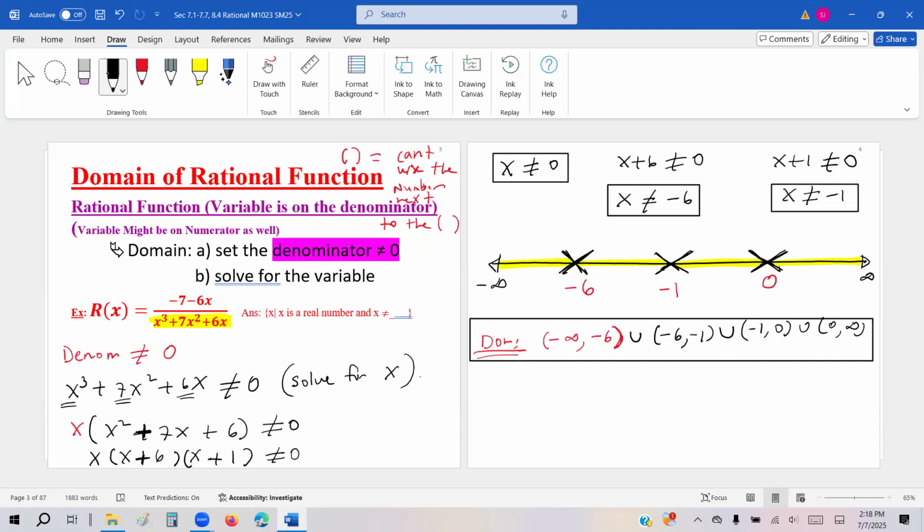Now, in your homework, they want you to write, so this is interval notation. There is another notation, we call it set builder notation.